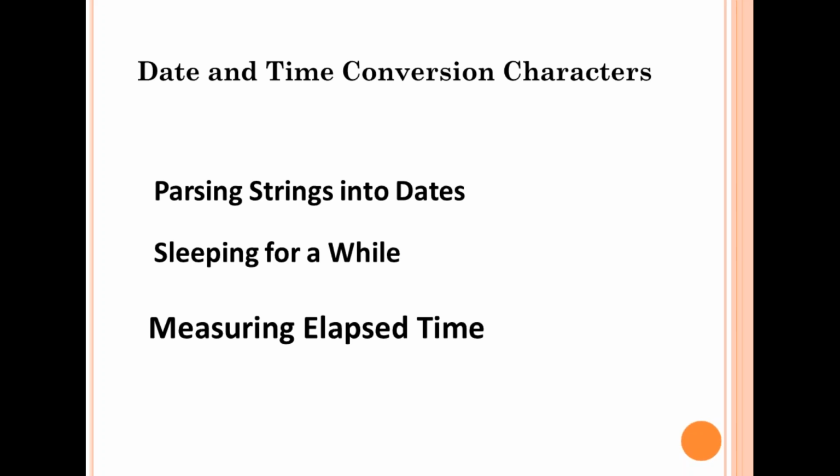Parsing strings into dates. The SimpleDateFormat class has some additional methods, notably parse, which tries to parse a string according to the format stored in the given SimpleDateFormat object. Let us execute an example using this parse.